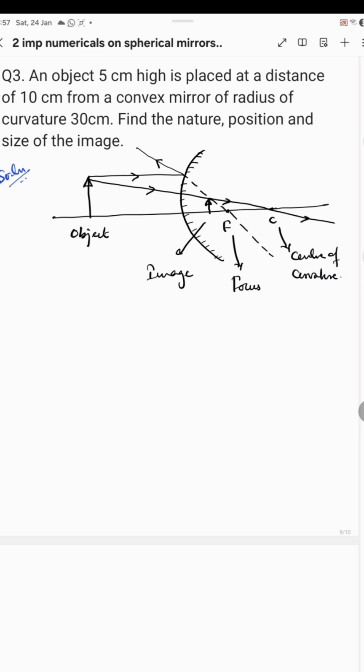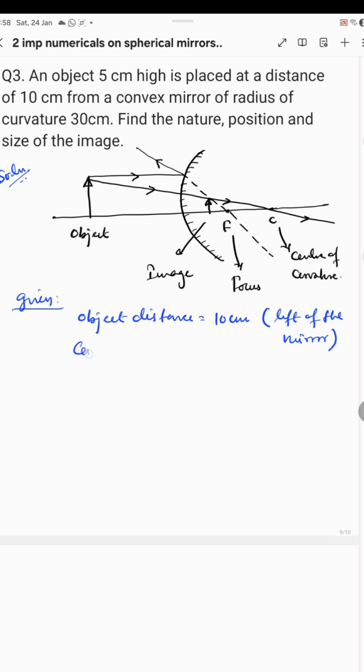The distance of the object from the mirror is 10 centimeter, that is on the left hand side of the mirror, and the radius of curvature is given as 30 centimeter. So the focal length will be half of the radius of curvature, that is 15 centimeter.